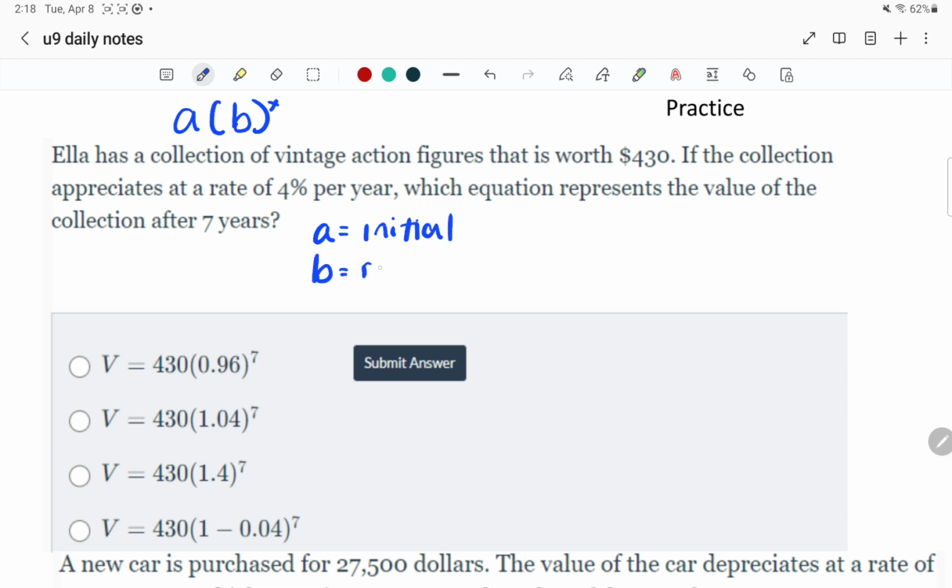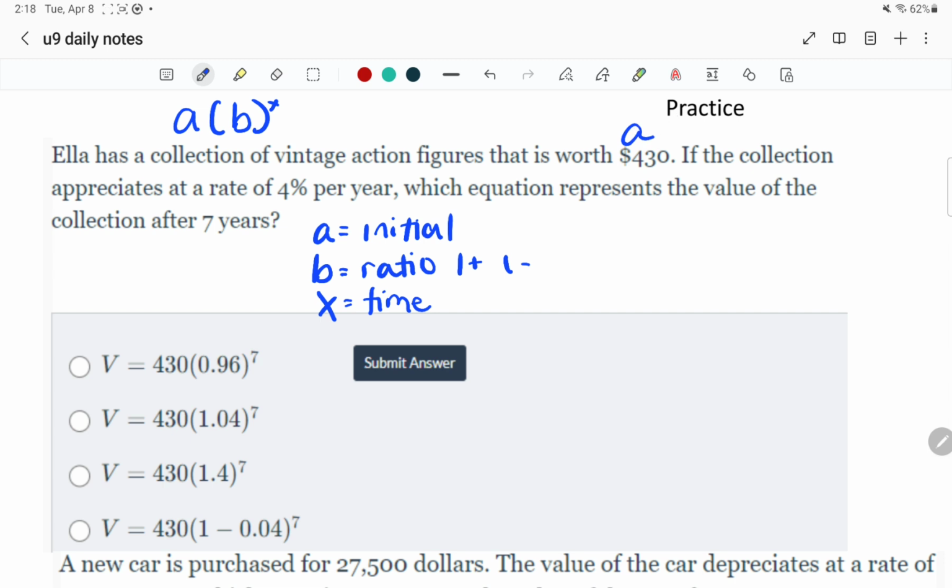B is the ratio, or what I'm growing by, and we have to do the 1 plus or 1 minus. X is time. So I've got 3 numbers in here, and I've got to figure out which is which. It's worth $430, that's my A, because it's currently worth $430.